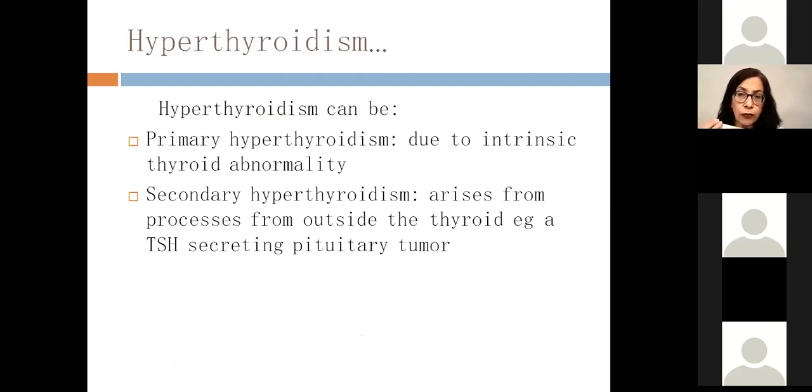Usually, for those hormones which are stimulated by the pituitary and the hypothalamus, secondary means the pituitary, and tertiary means the hypothalamus. So primary is due to intrinsic thyroid abnormality. Secondary is due to processes outside the thyroid, like a TSH secreting pituitary tumor, which would be called secondary hyperthyroidism.